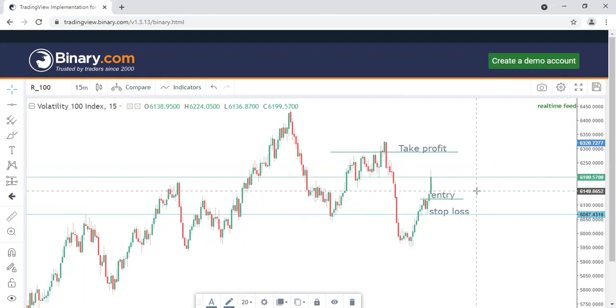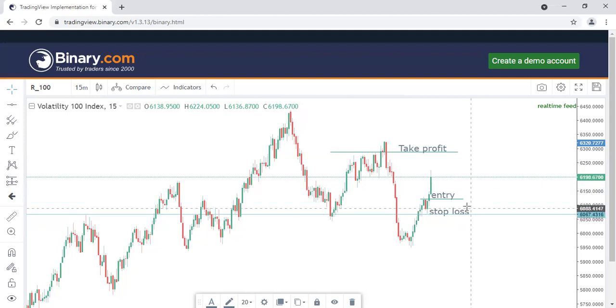All right. So in order for you to get the calculation of your pips, this is how you do it. For your risk, calculating the points or the pips in the index market is slightly different from the traditional forex market.